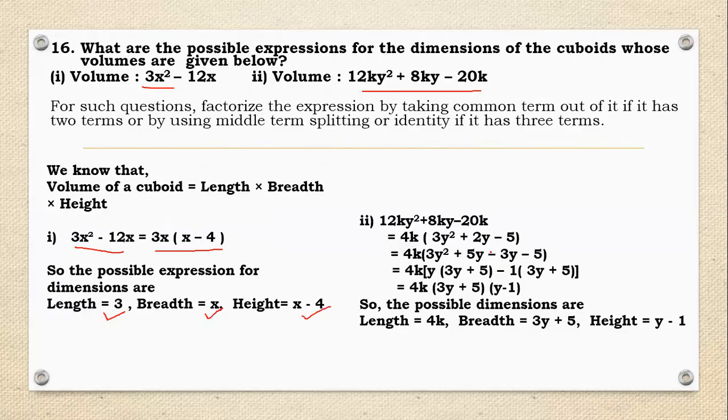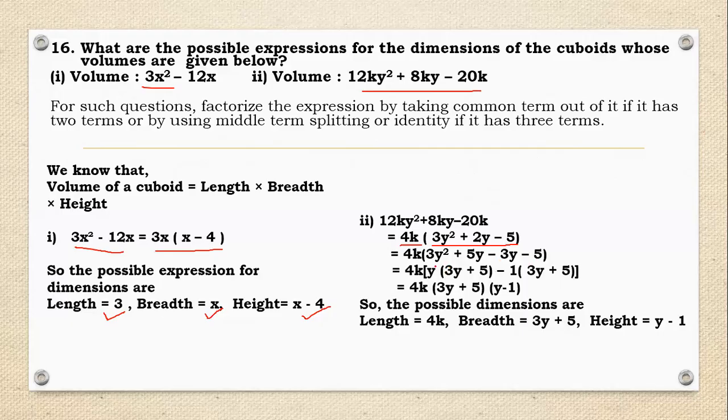And the second part that we have to solve here. We can say that k is common, and all the coefficients are divisible by 4. So the HCF we got in all three terms is 4k. So 4k is taken as the common value, then what is left is written in the bracket, 3y square plus 2y minus 5. Now again we have to use the middle term splitting method and factorize it.